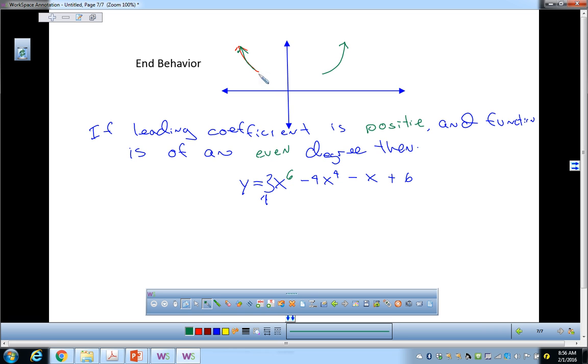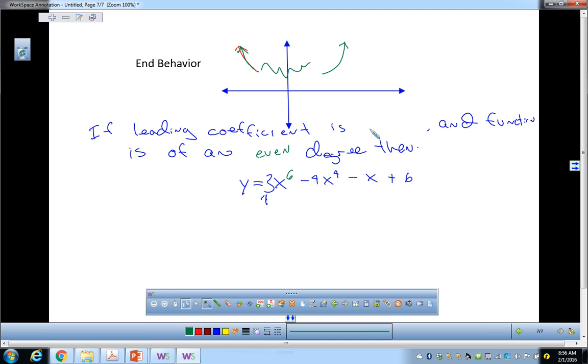At the very end. I don't know what it's doing in here, okay, but if I zoom out on it, it would look kind of like a parabola from very, very far away. Yeah? Good? Okay? And the last one is, what if I change this to negative right here, okay?